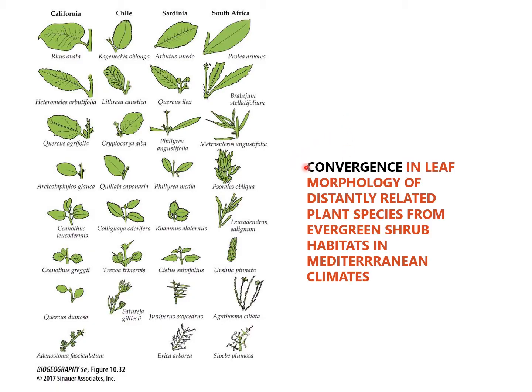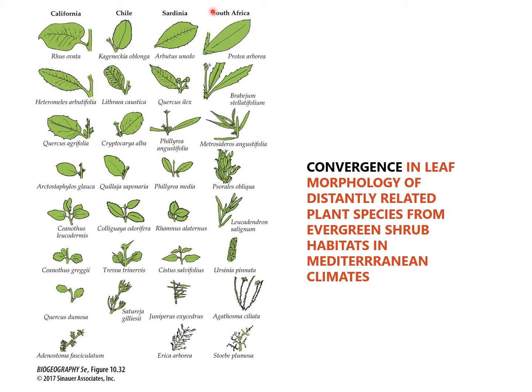Here we're looking at convergence of leaf morphology of distantly related plant species from evergreen shrub habitats in Mediterranean climates. Different parts of the world have similar Mediterranean-like climates, and anywhere we look at the plant communities within those climates, we see similarities across morphology types.